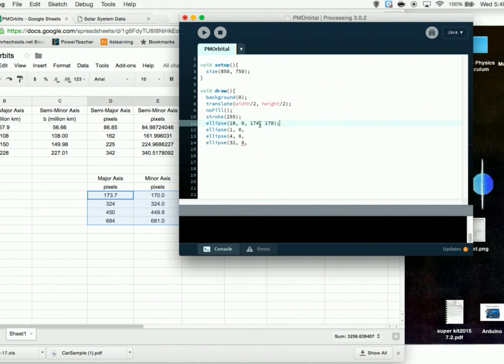For Venus, we have 324 and 324, so almost a circular orbit. Circular enough actually to where we can make it a perfect circle for our model. Same with Earth. And for Mars, it's going to be 684 pixels by 681 pixels.